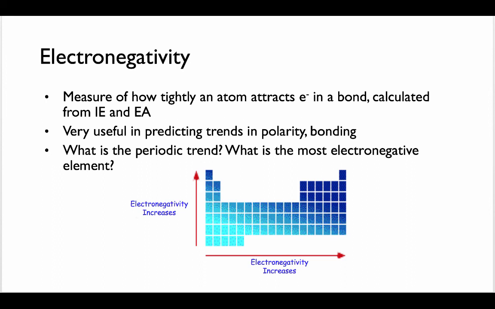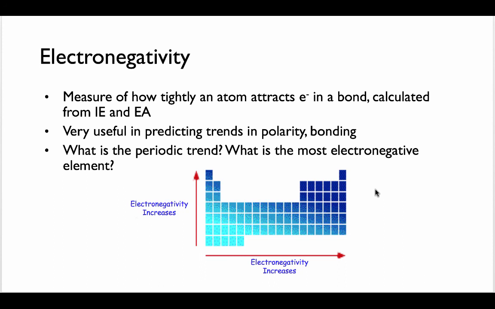But in general, we'll see that electronegativity increases in the same way that ionization energy and electron affinity increase as you go to the right across a row because of Z effective and as you go up because of n. So the highest electronegativity will be something in the top right corner. It turns out that it's fluorine, and we don't really talk about noble gases having electronegativities because this is defined as how tightly the atom attracts an electron in a bond.